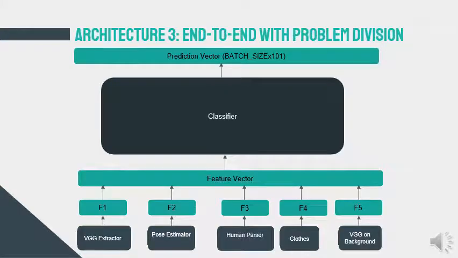In the second half of the semester, we focused on Architecture 3, where we experimented with adding experts to the feature extraction stage of the pipeline. This was our initial depiction of this stage, where we have the normal VGG feature extractor accompanied by other feature extractor experts like pose estimator, one like Openpose that we discussed earlier, a human parser, a clothes extractor or a classifier, maybe a VGG on the background to extract features from the background itself, and so on.